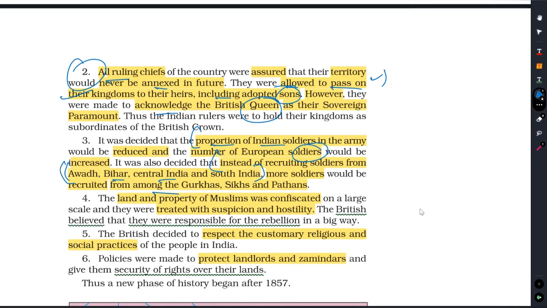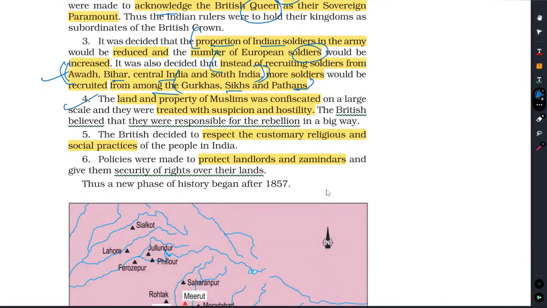See, the rebellion actually happened for these reasons. That is why the sepoys from these regions were reduced, whereas Gurkhas, Sikhs and Pathans were increased in the army. Land and property of the Muslims were confiscated and they were treated with suspicion and hostility. Why?